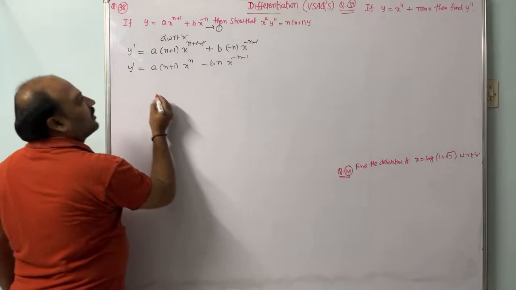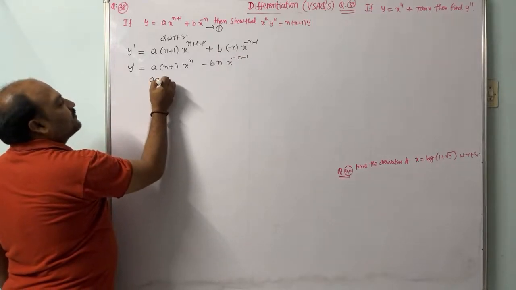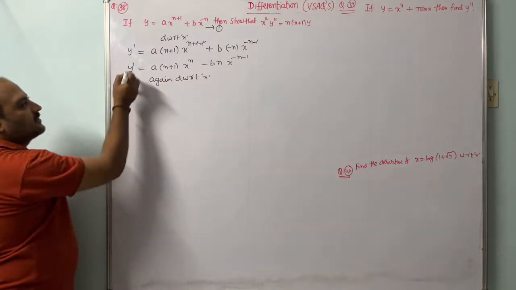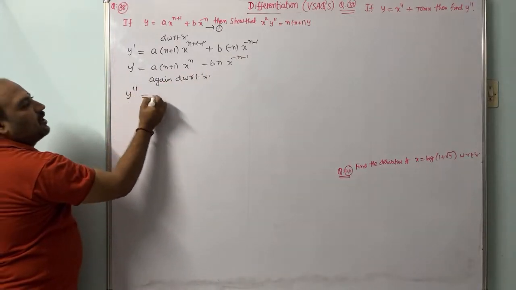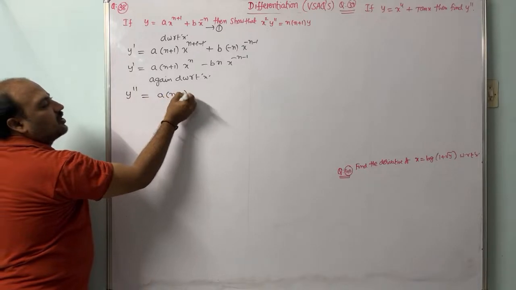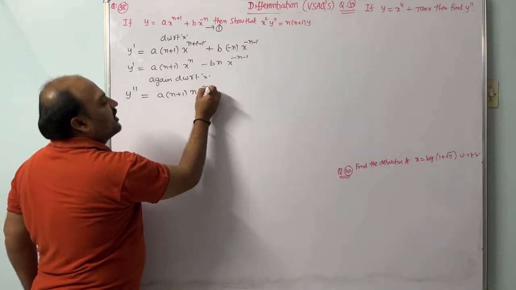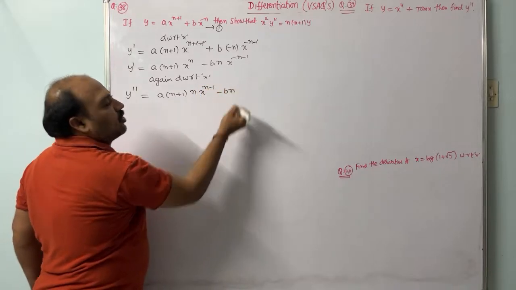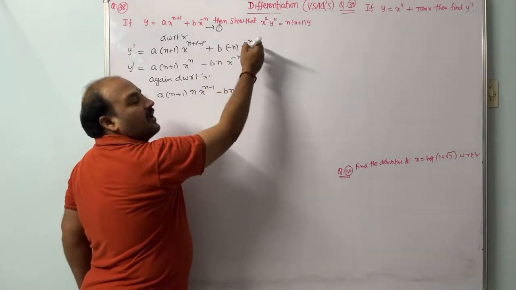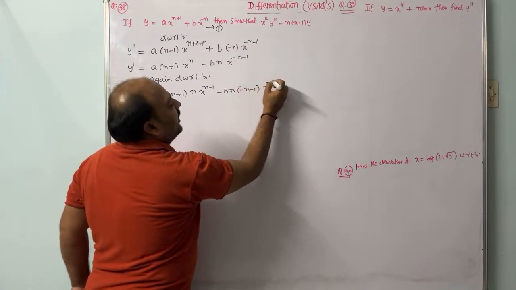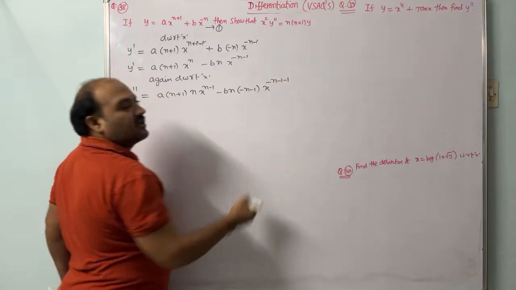Okay. Again differentiate with respect to x. Y dash will become y double dash. A into n plus 1, constant is constant. X power n derivative, n into x power n minus 1. Minus bn constant, x power minus n minus 1 derivative, so minus n minus 1 into x power minus n minus 1 minus 1.